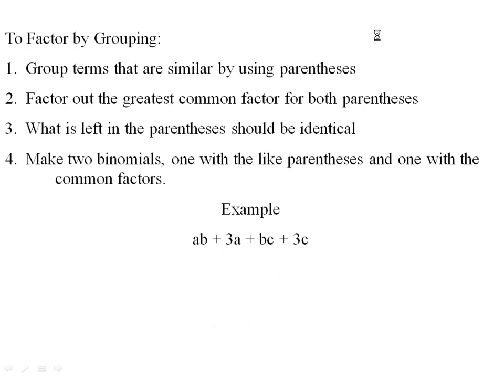All right. The next one we're going to talk about is factor by grouping. Remember I told you to factor by grouping, you have to have 4 terms. So the first thing we're always going to look for is anything in common. And ask yourself, do all 4 terms have anything in common? All 4 of them.